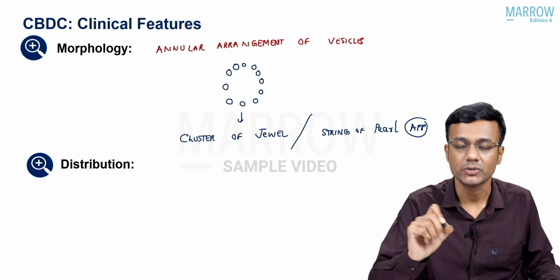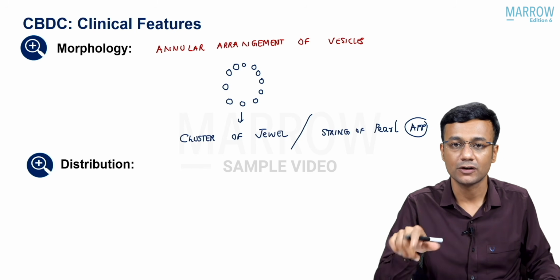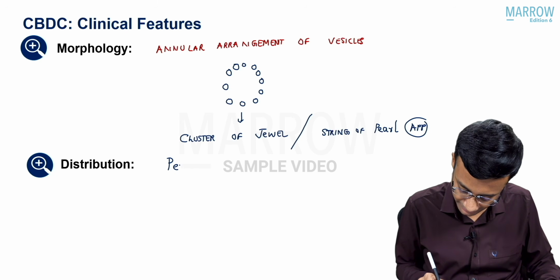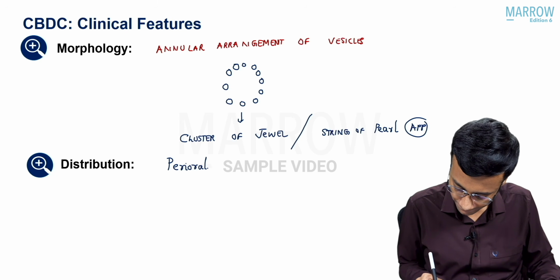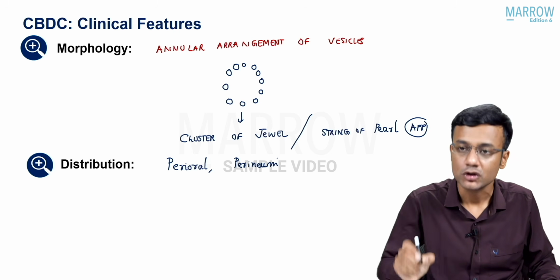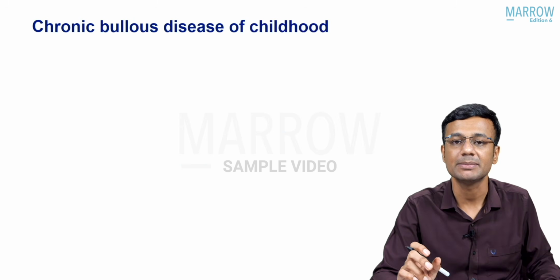Please remember, dear students, that you get annular arrangement of vesicles, compared to a cluster of jewels or string of pearls kind of appearance, and the distribution is generally perioral and perineum. Perioral and perineum are the most common sites where you get lesions of CBDC.